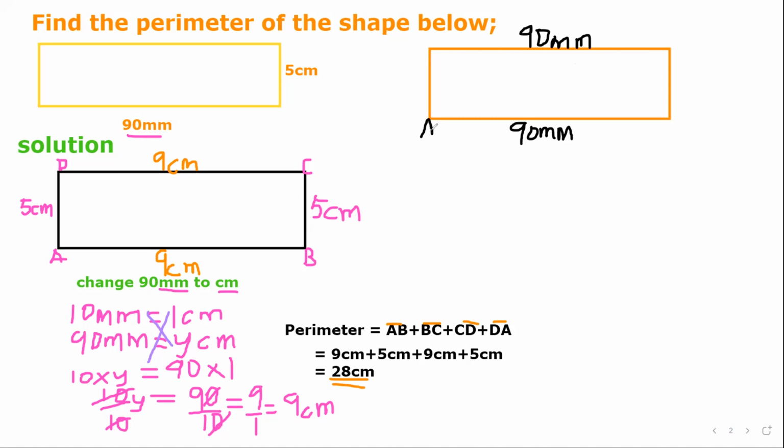Then let me label the joint first. Here is A, B, and then C, and here is D. Okay, good. So you write: change 5 centimeters to millimeters.